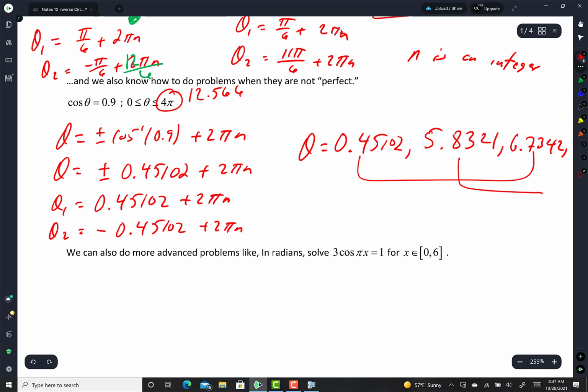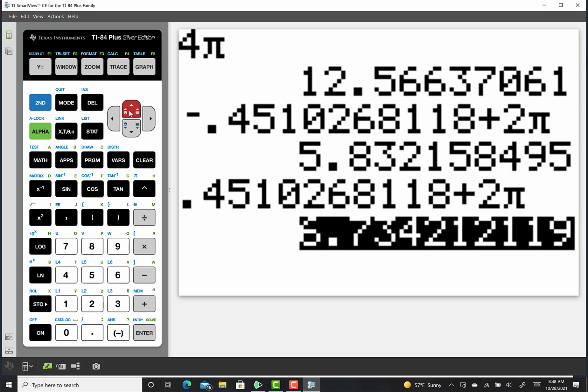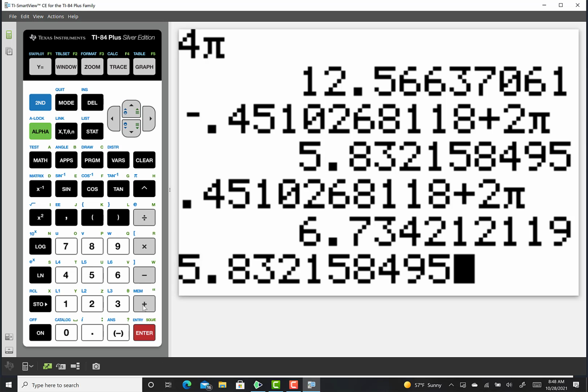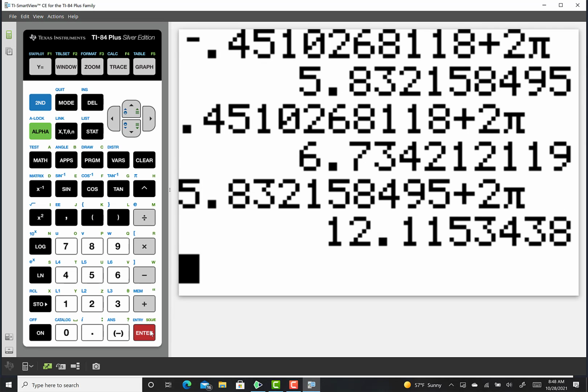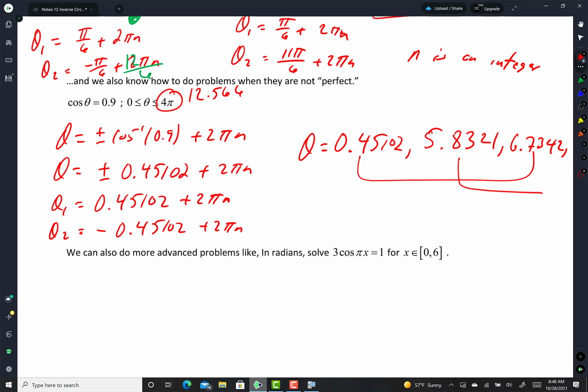And now let's take the 5.83 and add 2 pi. And I believe this is the last one, 12.1153. And that's it. If you add 2 pi to the other one, it'll be above 12.566, which is 4 pi.